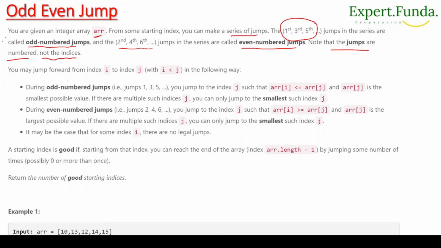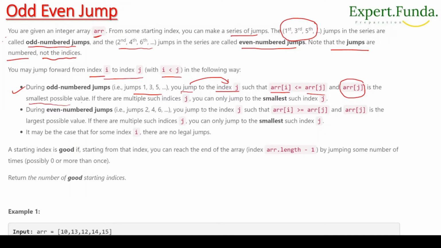You may jump forward from index i to index j, where i should be less than j, in the following way. During odd number jumps, meaning jumps 1, 3 and 5 and so on, you jump from i to index j such that arr[i] is less than or equal to arr[j], where arr[j] is the smallest possible value.